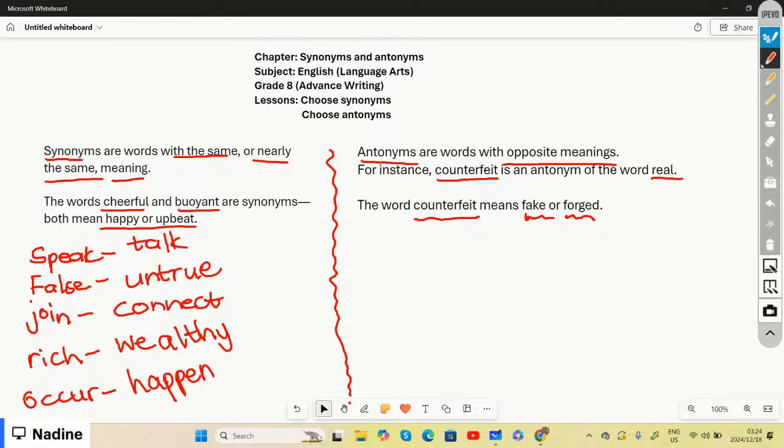All right, so now we're going on to antonyms, right? We're going to look at a few examples of antonyms before we go to aplusstudents.ca.